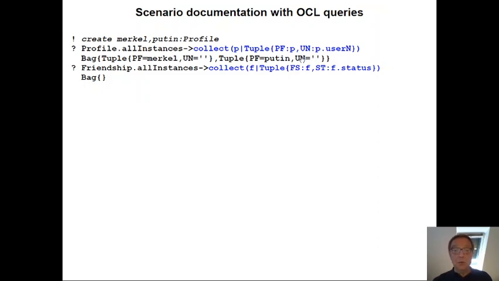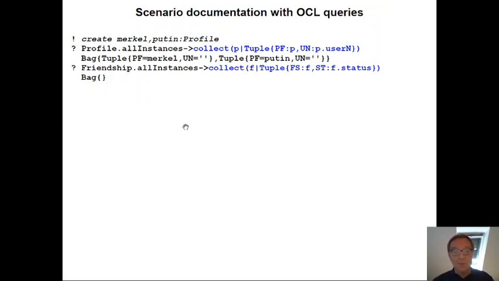And there are two tuples here. There are two profile objects, and so there are two tuples: a Merkel tuple and a Putin tuple. We have not initialized the objects, so both usernames are equal to the empty string.